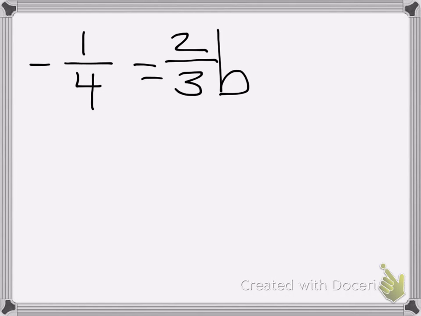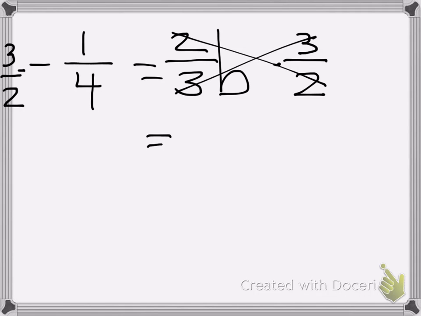This one again has a variable next to a fraction, so we need to cancel out the 2/3. To do that, we multiply by the reciprocal, and we do that on both sides. So we end up getting b by itself, or with a 1 in front of it, and then we have 3/2 times negative 1/4.